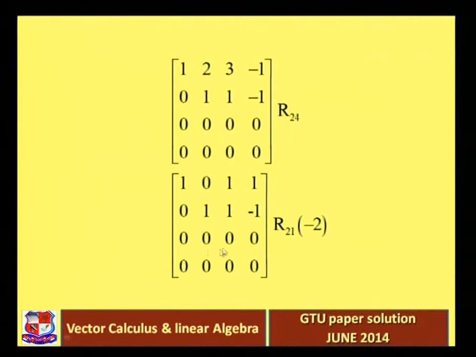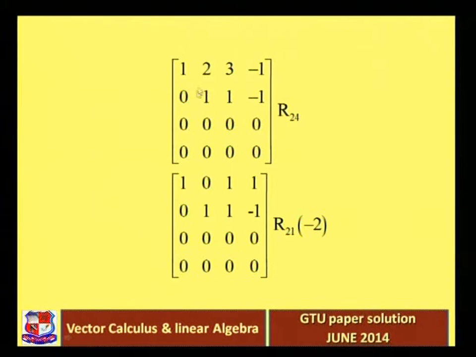Then we interchange the second and fourth rows, and finally we get this matrix, and then we have to convert it to reduced row echelon form. So this is our leading entry, below that leading entry is 0, the third and fourth rows are zero rows, both at the bottom of the matrix.